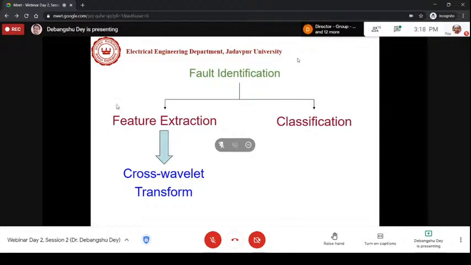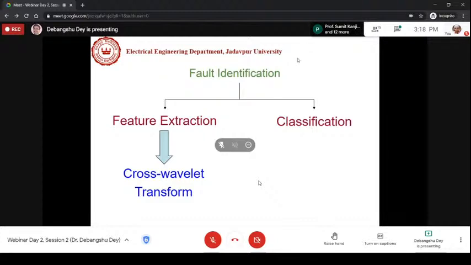Why have we chosen the cross-wavelet? Because it is a sort of cross-correlation, and you know that the cross-correlation of two random signals gives very low correlation coefficients. So if there is some random noise in the two signals, it is uncorrelated.